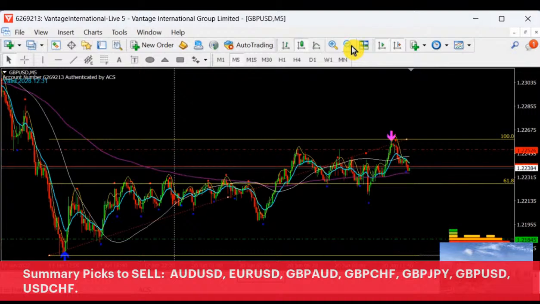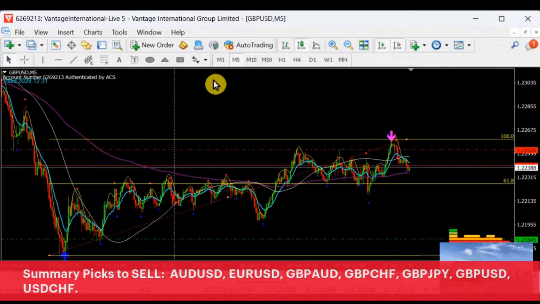Over here, can you see? Tentatively, it's going to respect the purple lines here. Right now, just hang on.